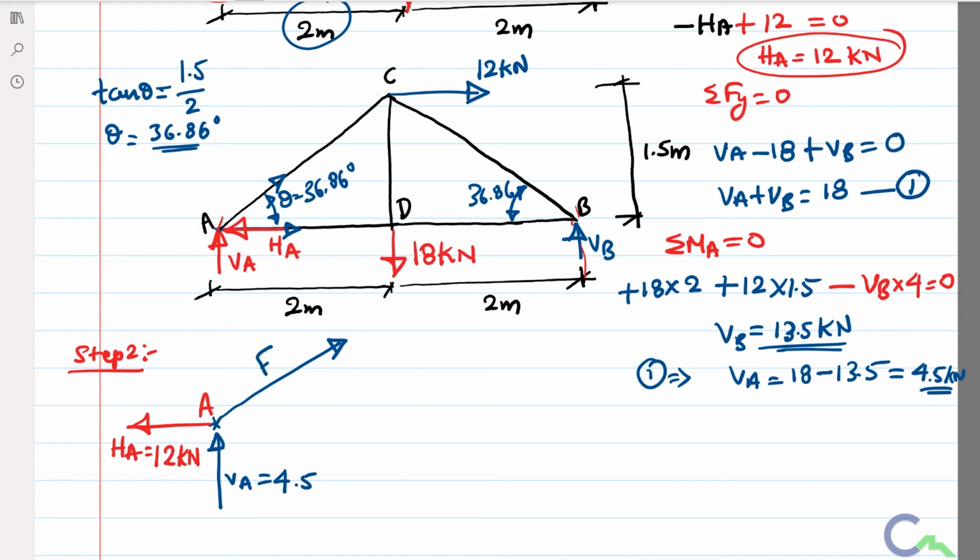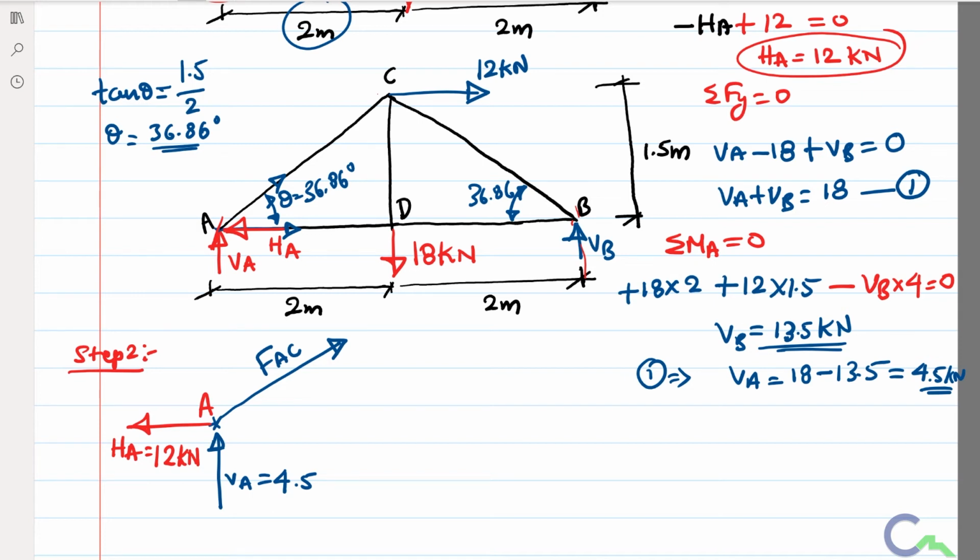I will take FAC. If I get the negative answer, I will change the direction in the next step. If I get a negative answer, that member is actually in compression, our assumption is wrong. But for the first time I am going to take every member as tension.